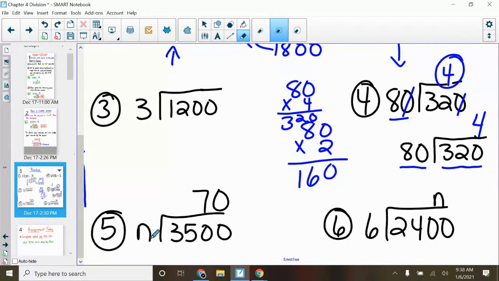This is what we call a variable. So obviously you don't have to freak out about those. N is just the missing number. Like this one right here is exactly what Asher and Reagan just did. How many 6s will fit into 2,400? You're just trying to find the answer. And the answer is what N is, okay?